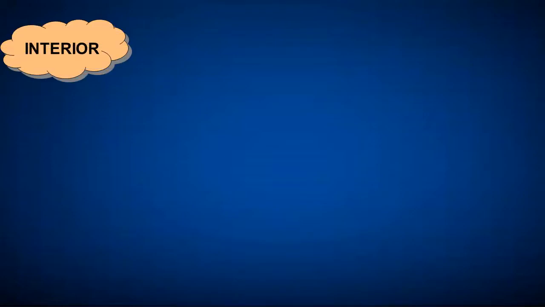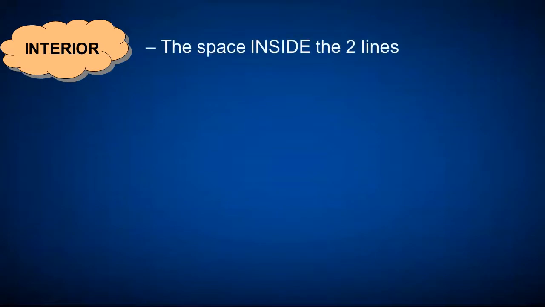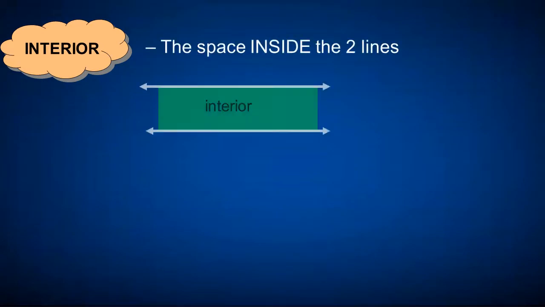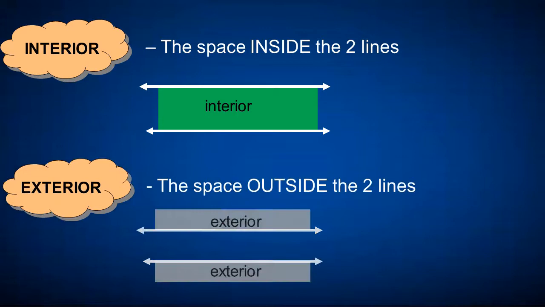Next. If we have lines cut by transversal, we can form angles. And kapag nakaka-form tayo ng angles, meron tayong interior at meron tayong exterior. So, for interior angles, again, for interior, this is the space inside nung dalawang lines.